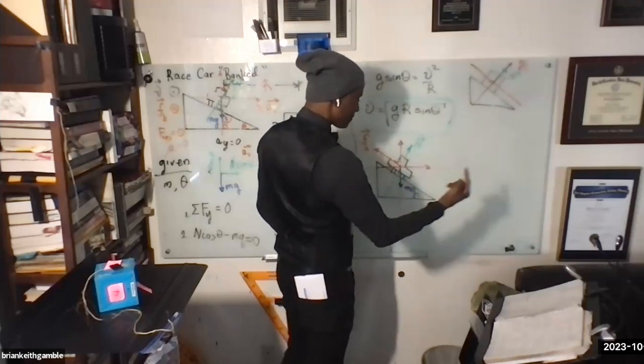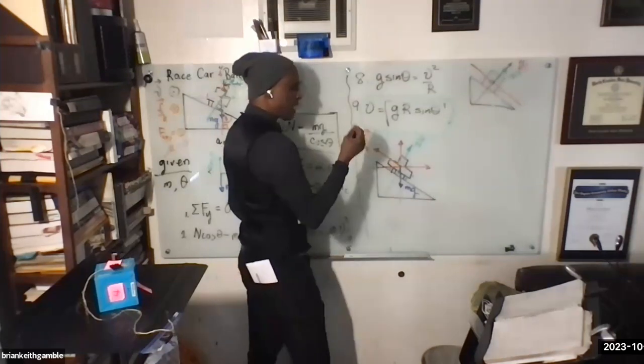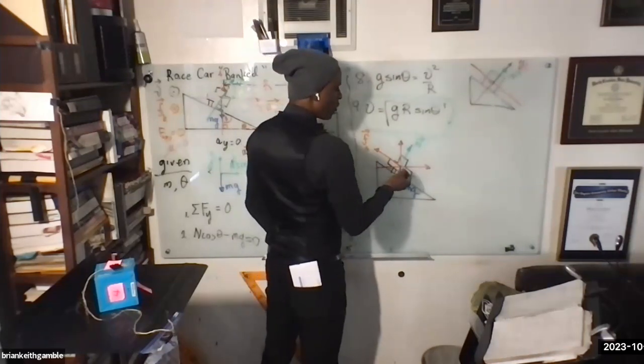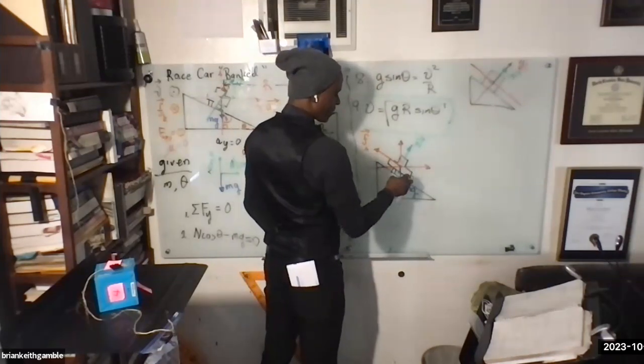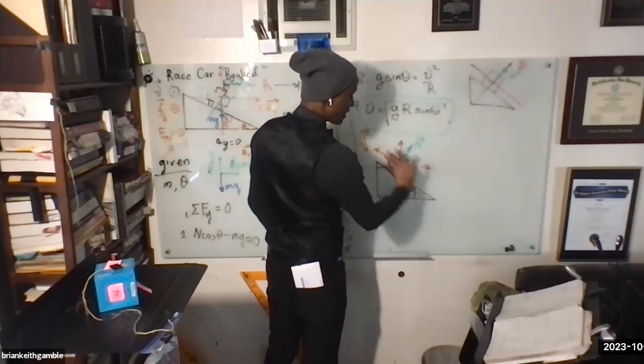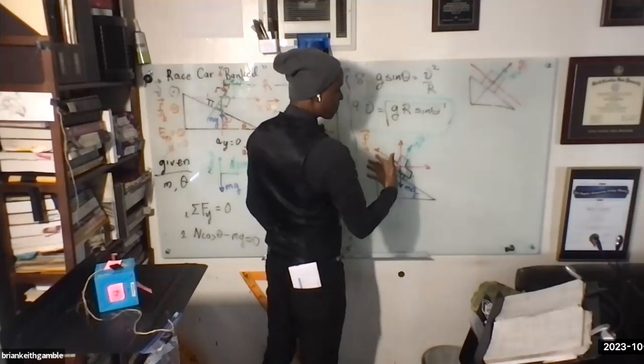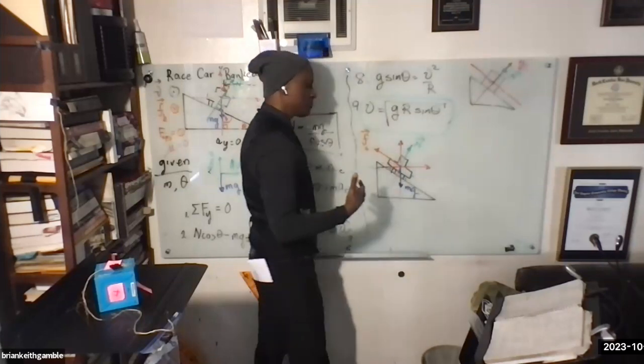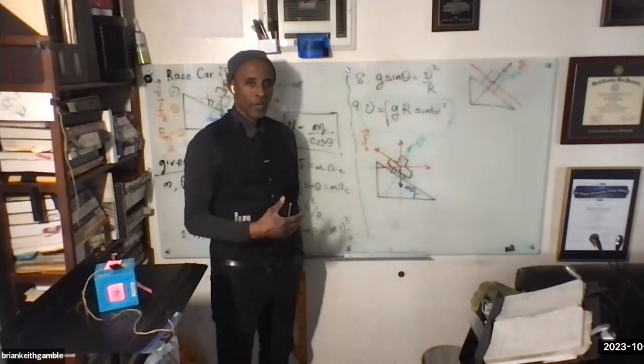If you compare the speed that it has when it's about to slip down the plane to the speed that it would have if it were about to slip up the plane, how would those speeds compare? I see. Okay.